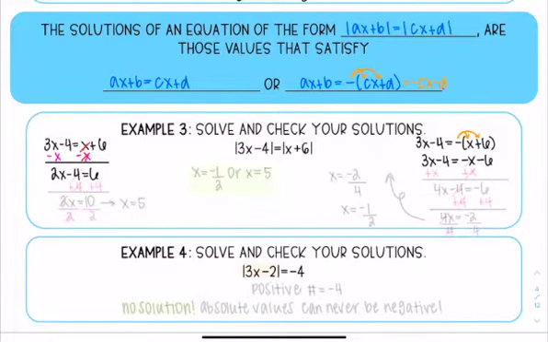We can add 4 to both sides. And so that cancels on the left-hand side, and we get that 2x equals 10. And the last thing we can do is divide by 2 on both sides. And so we end up getting that x is equal to 5.